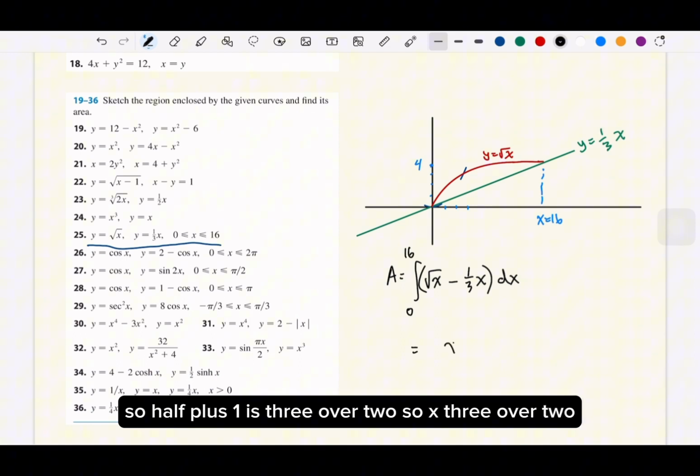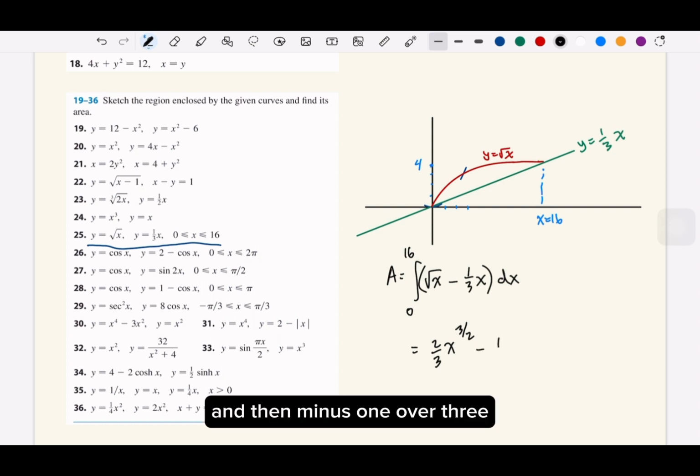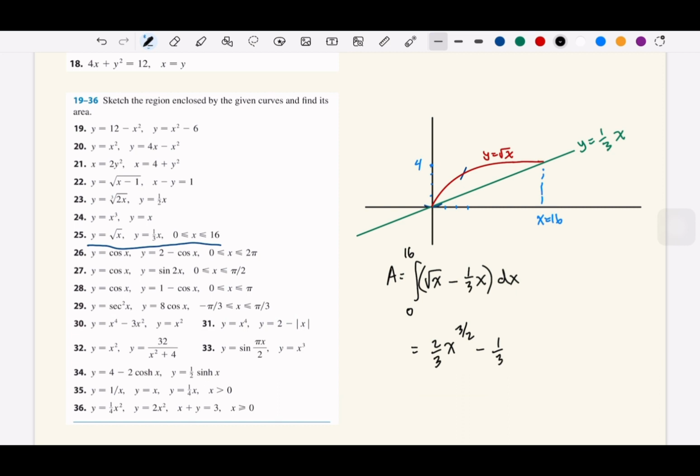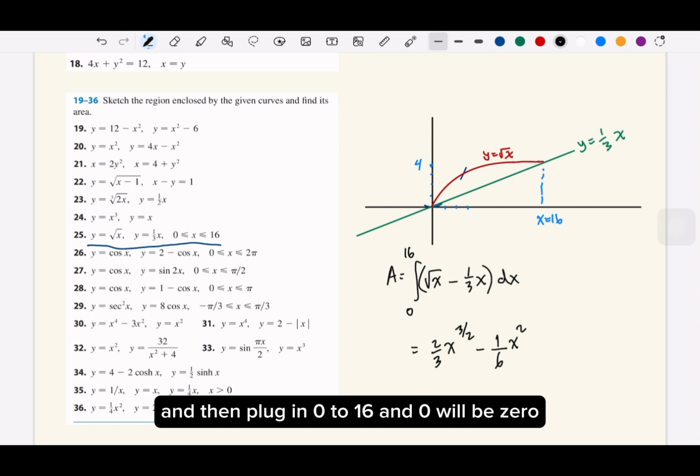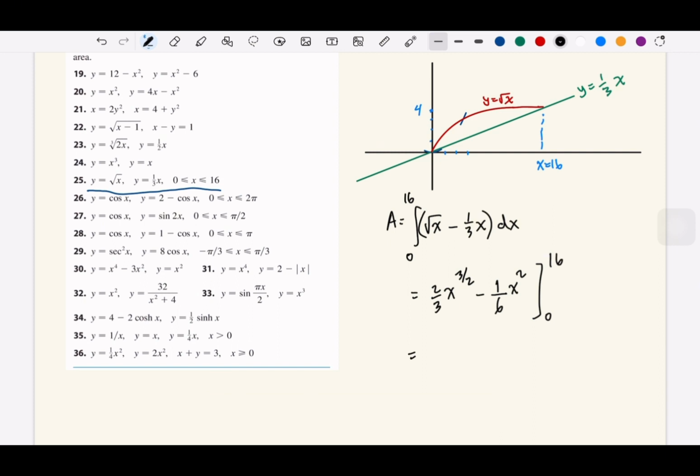So x to the 3 over 2, times 2 over 3. And then minus 1 over 3 x squared over 6. Right. And then plug in 0 to 16. And 0 will be 0. So we can compute with 16.